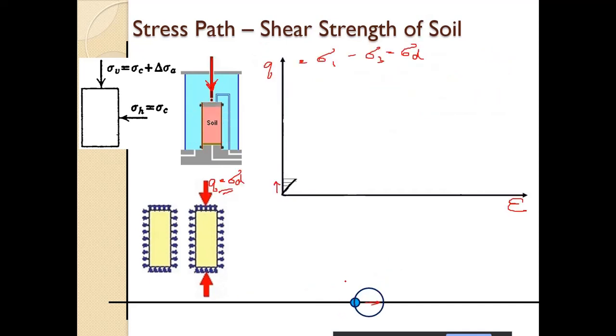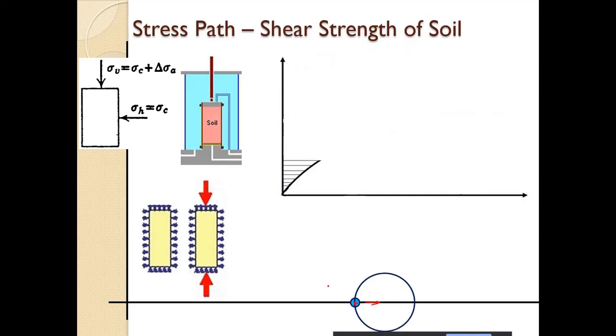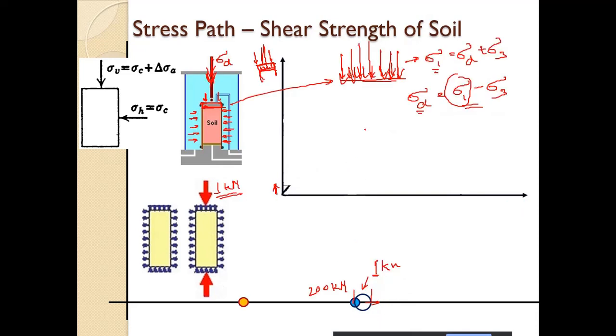Now what does that mean? What is the significance of this? The significance is, we have this soil element. We have sigma 3 in this direction, sigma 3 in this direction, and sigma 1 here and sigma 1 here.